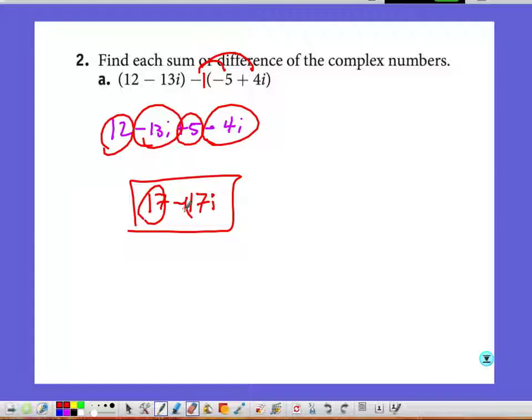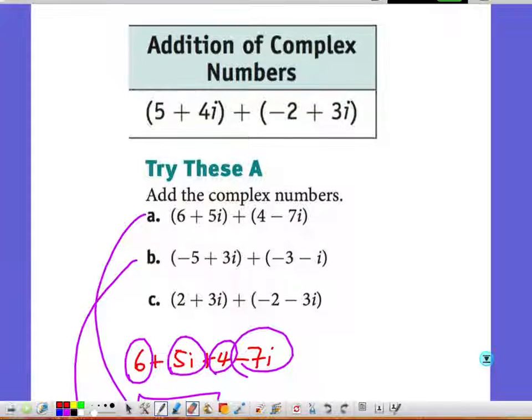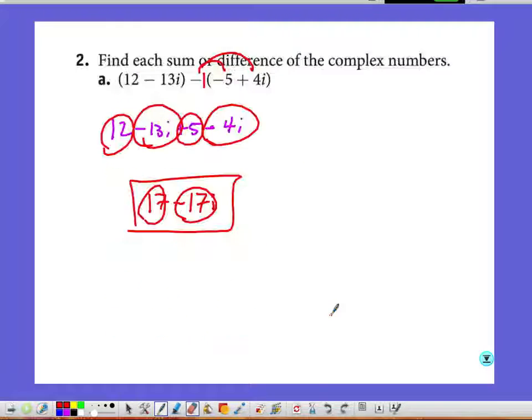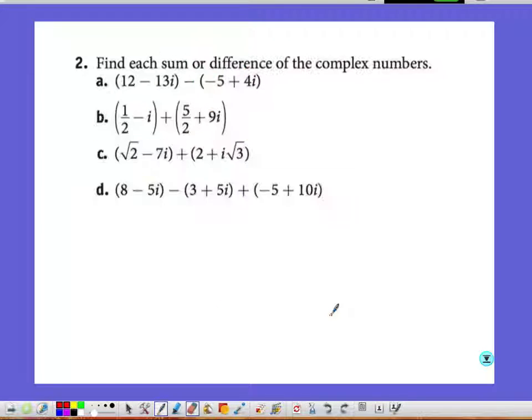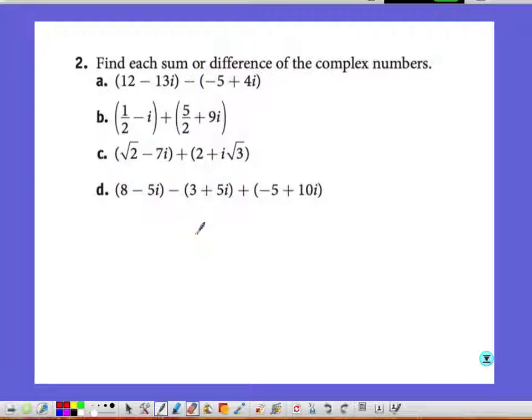My imaginary part here is negative 17. And the same thing with these first two examples. My real part here is 0, my imaginary part is negative 2, real part is negative 8, and imaginary part is positive 2. So whenever you're doing operations on complex numbers, your answer always has to be in this format, where you can tell where your real part is and where your imaginary part is.